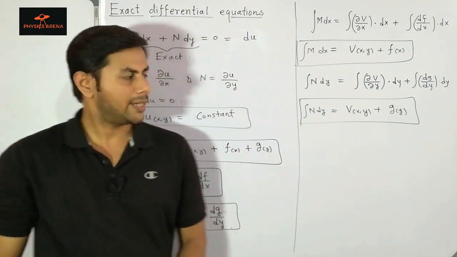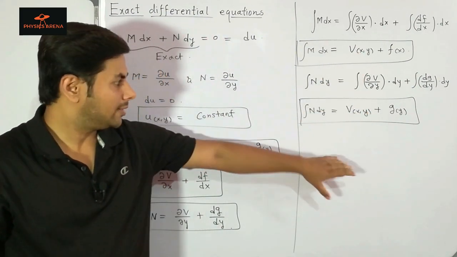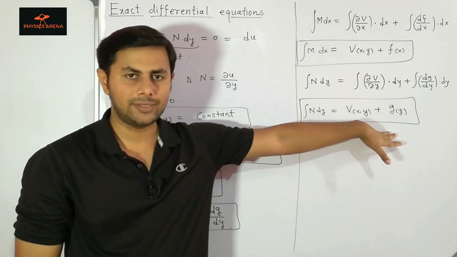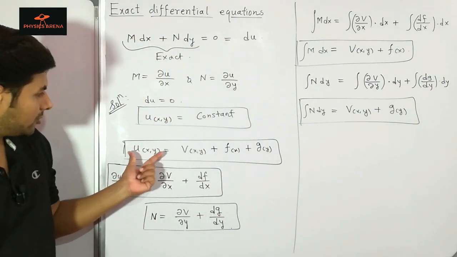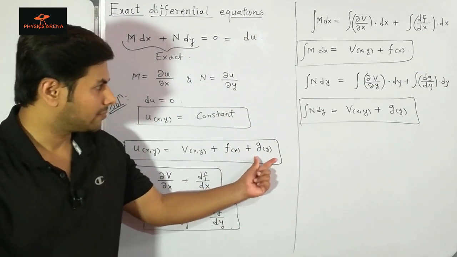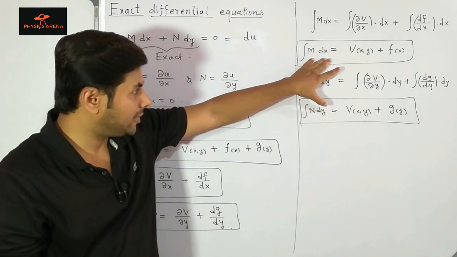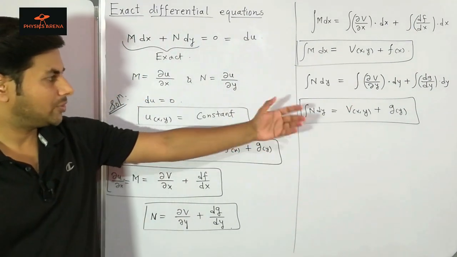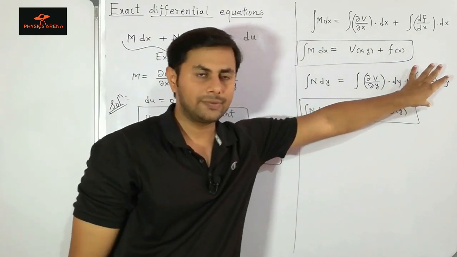So you can see that this term v of x, y is common in both the integrals, and for u we need v of x, y plus f plus g. That means if we take the integral of m dx, what we should take from the integral of n dy is this thing only.